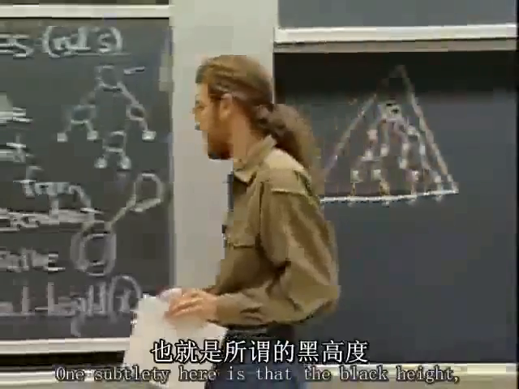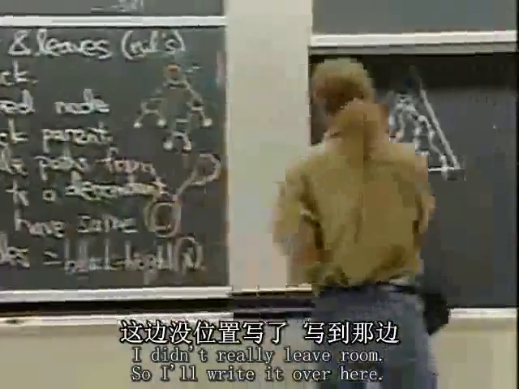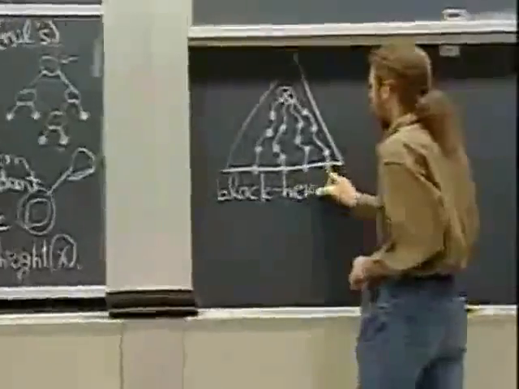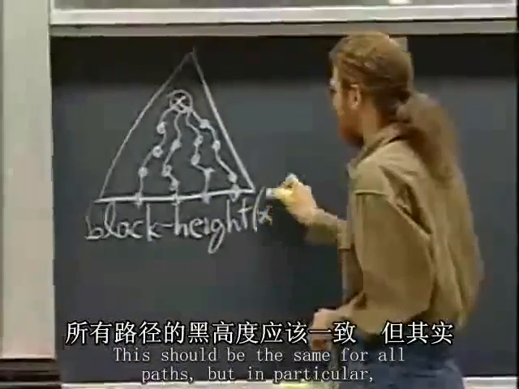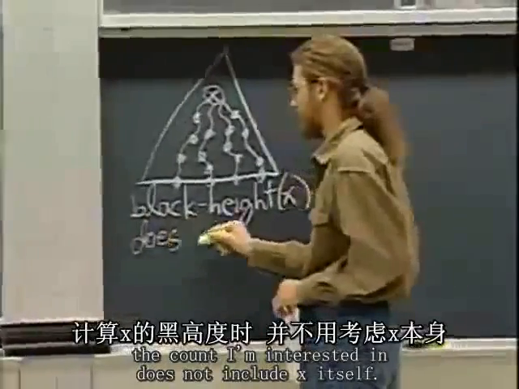One subtlety here is the black height. I didn't really leave room, so I'll write it over here. This should be the same for all paths, but in particular the count I'm interested in does not include x itself.